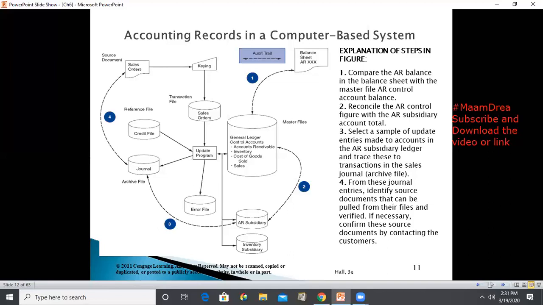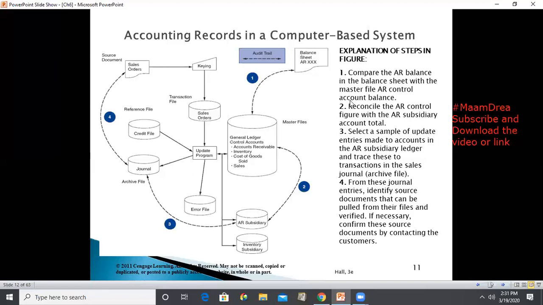By copying only the valid transactions to the journal, the original transactions file, like the sales order, we can erase or scratch for the next batch of sales orders. So mostly this is not needed for our audit trail purposes.